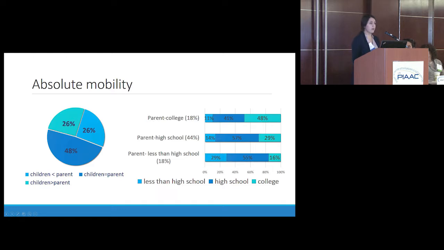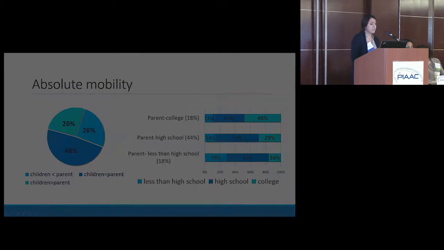Actually, the literature backs up this finding, and it says that it's because of many policy reforms and changes in education, mainly compulsory education, that increased enrollment rates significantly and also reduced dropout rates significantly.